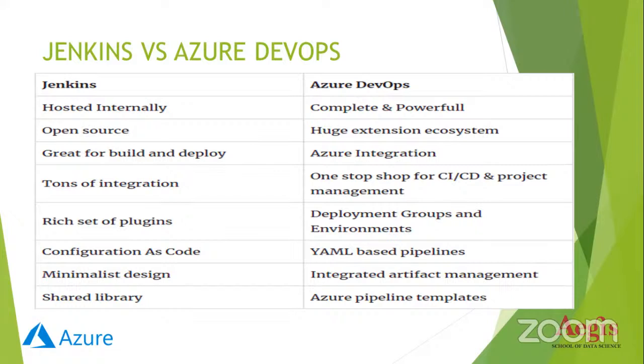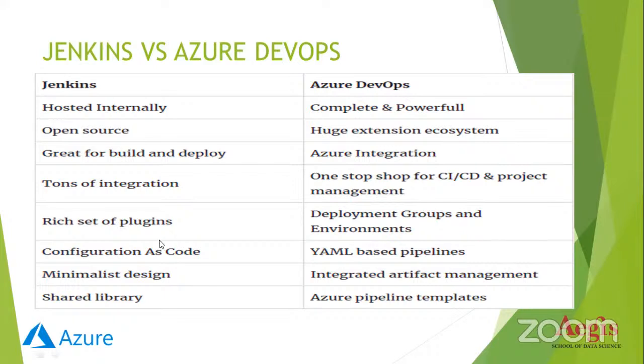Jenkins is open source. It's free. Azure DevOps is free too, but only for limited users. Jenkins is used for build and deploy. Azure DevOps is also used for build and deploy, but in Azure DevOps we can integrate Jenkins also.